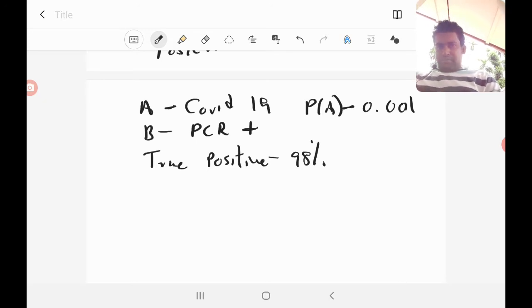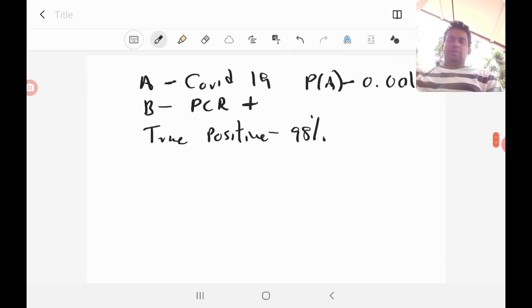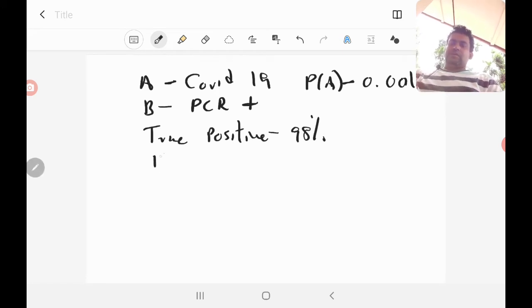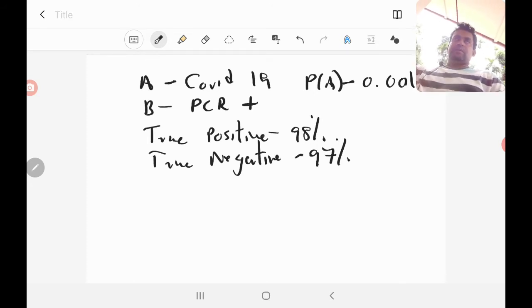I mean, there are conflicting reports about the actual true positive rate of the PCR test, but I guess most suggested values are smaller than this. So 98% is a pretty high value for any indirect test. And the true negative rate we'll define as 97%, again an arbitrary value.